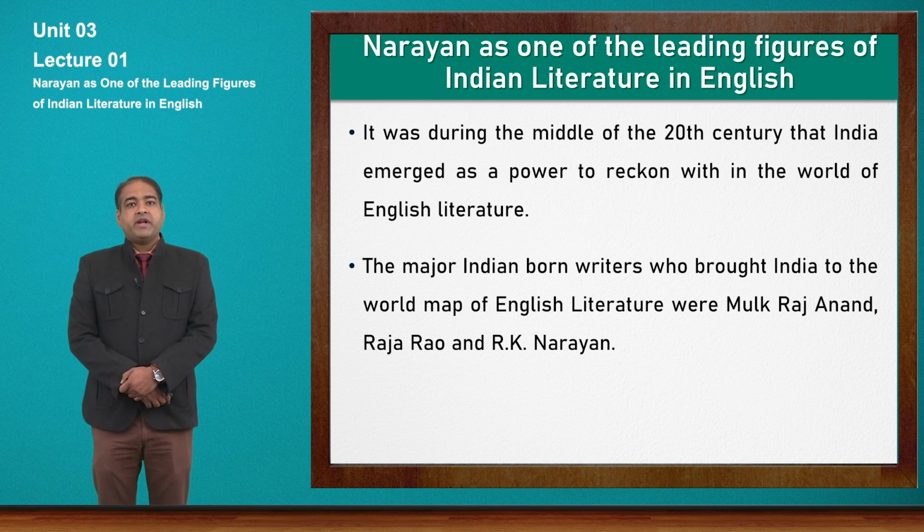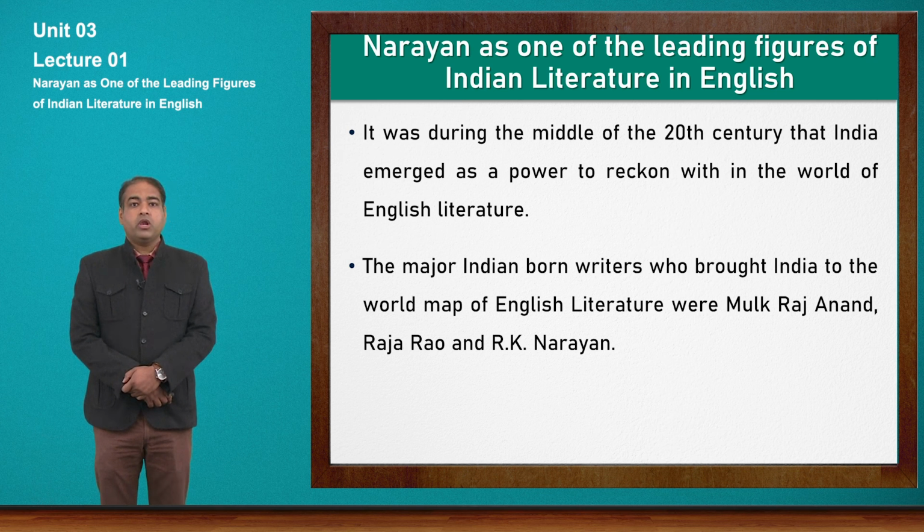It was during the middle of the 20th century that India emerged as a power to reckon with in the world of English literature. This is right, friends. Why? Because India got independence in 1947. Earlier, India was a British colony. Prior to the British colony, India was under the rule of the Mughals. And then there were many regional kings and queens who were governing, but not the people, not the democracy which came into India after 1947.